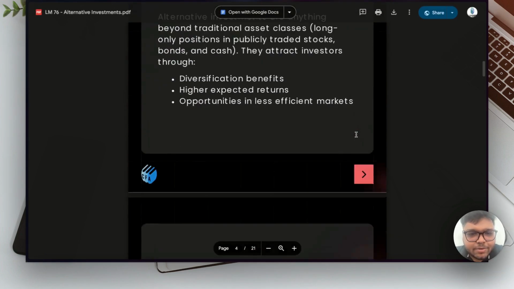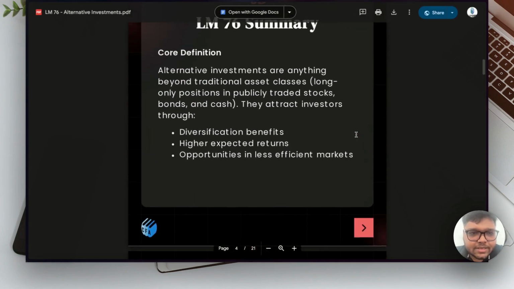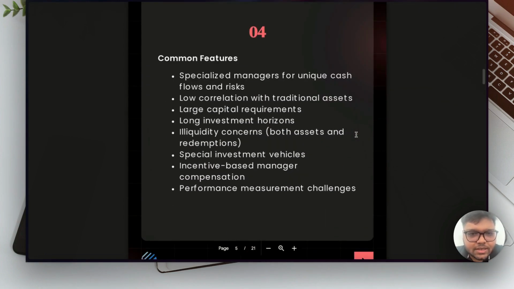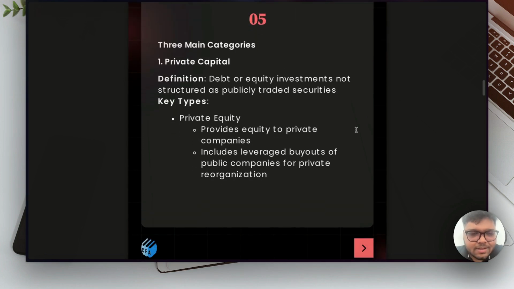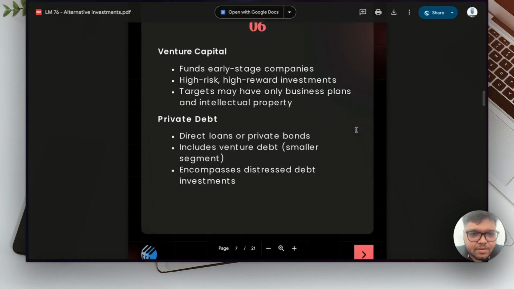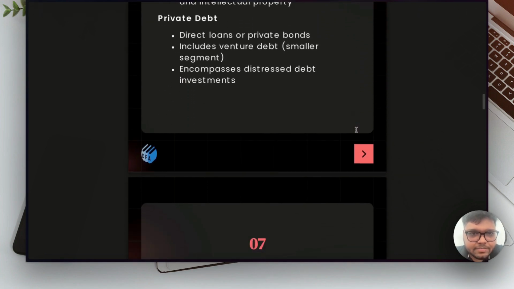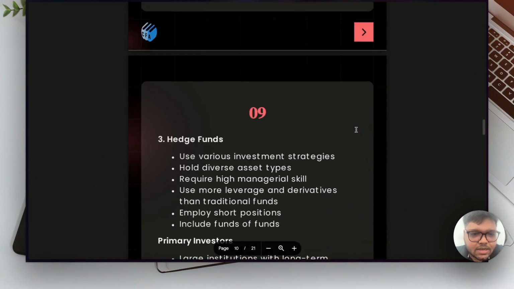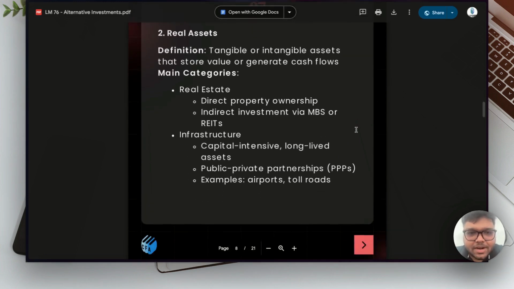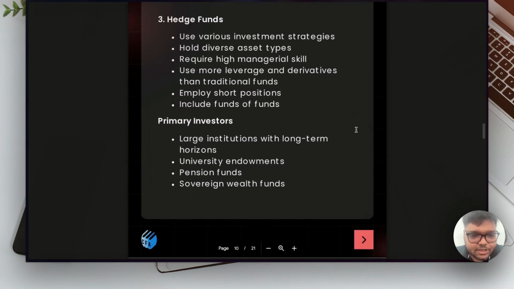So let's say I'm going through this. I understand, okay, alternative investments attract investors through this thing. These are the common features. These are the main categories: private capital, which includes private equity, VC, private debt, then we have real asset, then we have hedge funds. So there are three main categories: private capital, real assets, and hedge funds.